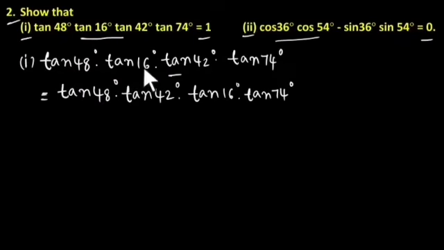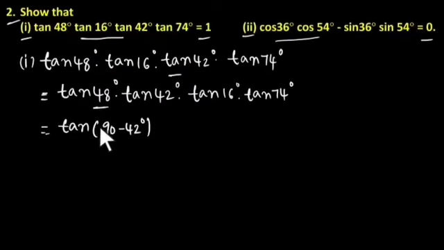So all the ratios are in multiplication, so there is no problem in rearranging them. That equals to tan, in place of 48, I am going to write 90 minus 42. 90 minus 42 is 48.